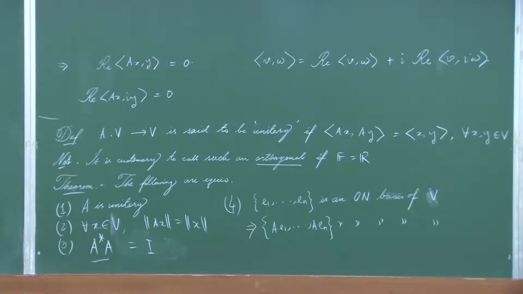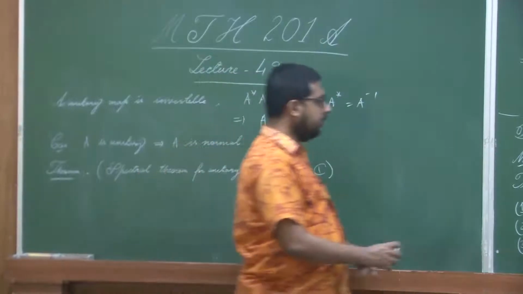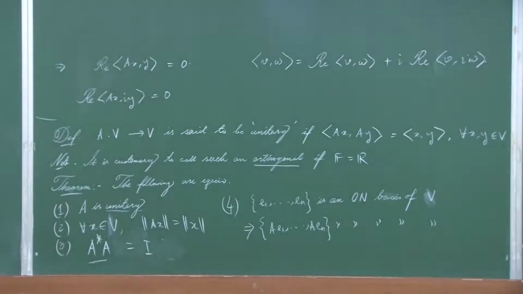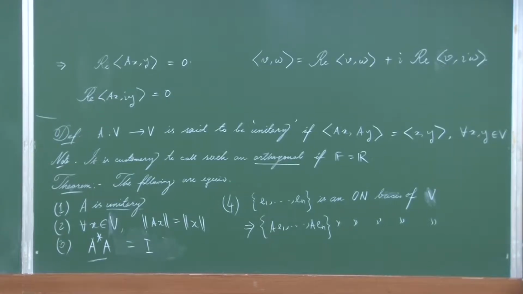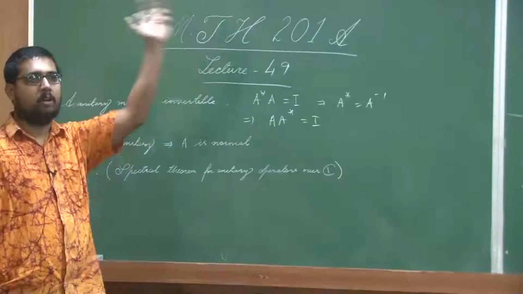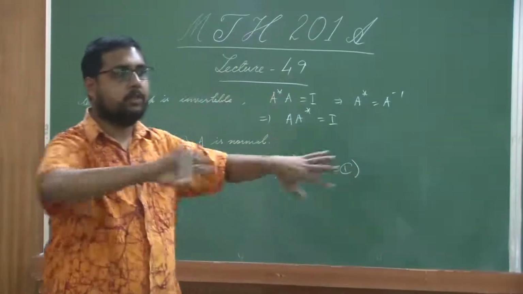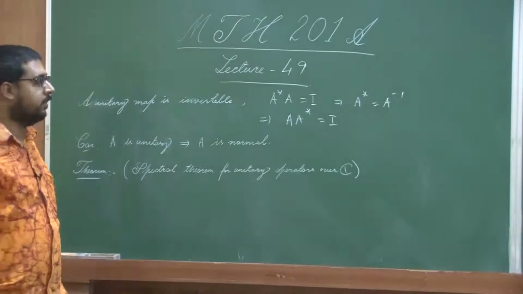Here the word unitary has been used in a general sense, but now for simplicity we can adopt the following terminology: if the vector space is over C, then we will call it unitary, or otherwise I will call it orthogonal. So, we have differentiated the cases.